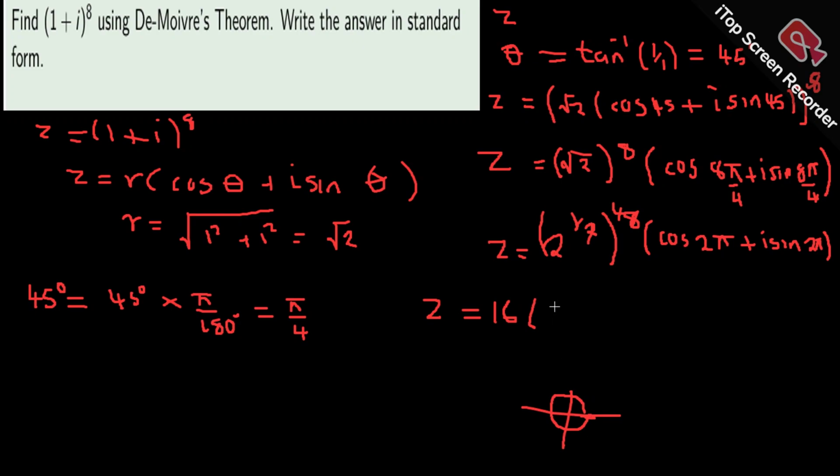It's cutting the x-axis. Cosine is going to give you 1, and sine is going to give you 0. So you just end up with 16. Okay, by doing so, you are done. Just like that. Let's move on to the next one.